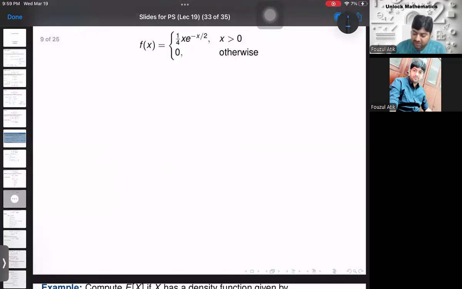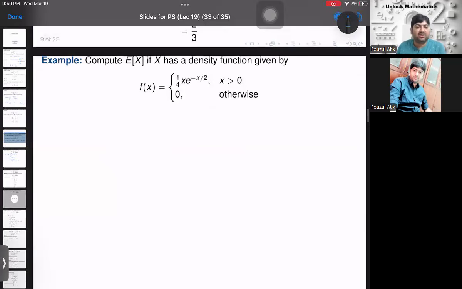Now let us do one more example, which is a good one. The density function is given and it involves an exponential function: f(x) equals 1 by 4 x e to the power minus x by 2 whenever x is greater than 0, and 0 otherwise. Let us find the expectation the same way.